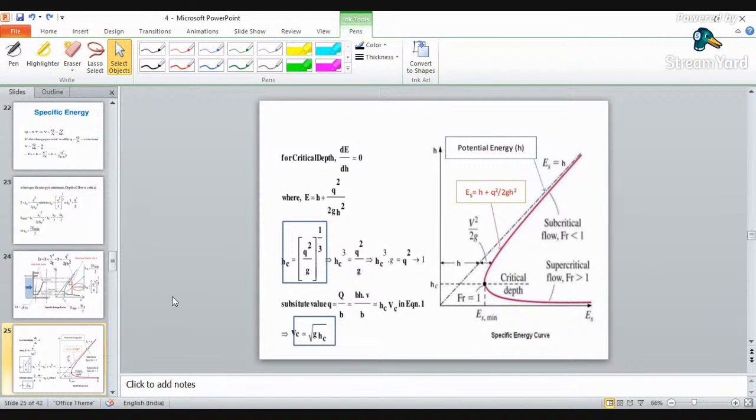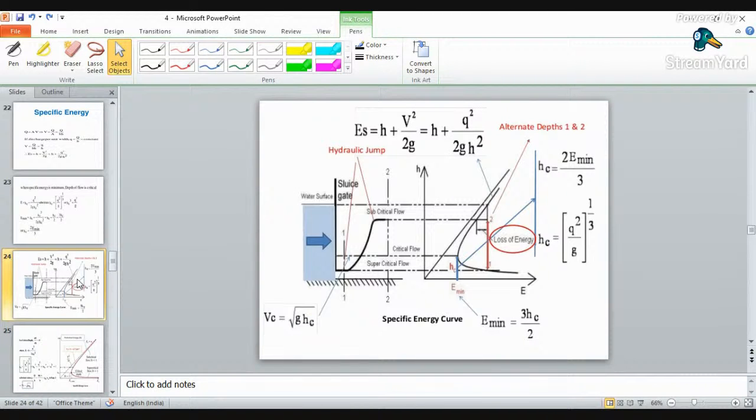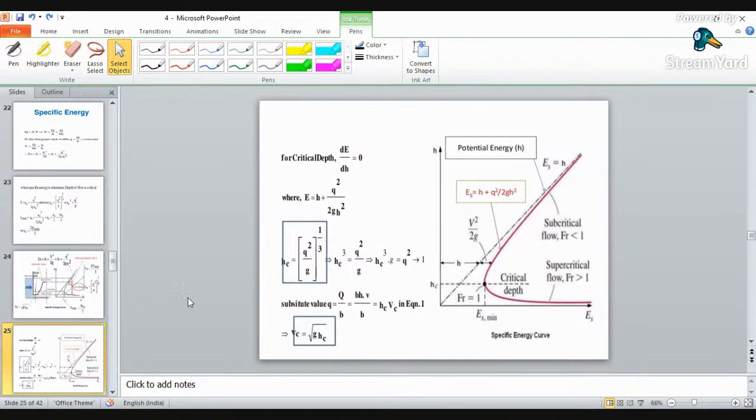Then when your specific energy is totally kinetic energy, that is E is equal to V square by 2g, you will get a second degree parabolic curve, asymptotic to the y-axis and x-axis also. Yes, you can see that curve over here. And when you plot specific energy as a function of both potential energy and kinetic energy, you will get a curve which is to the right of the potential energy line.